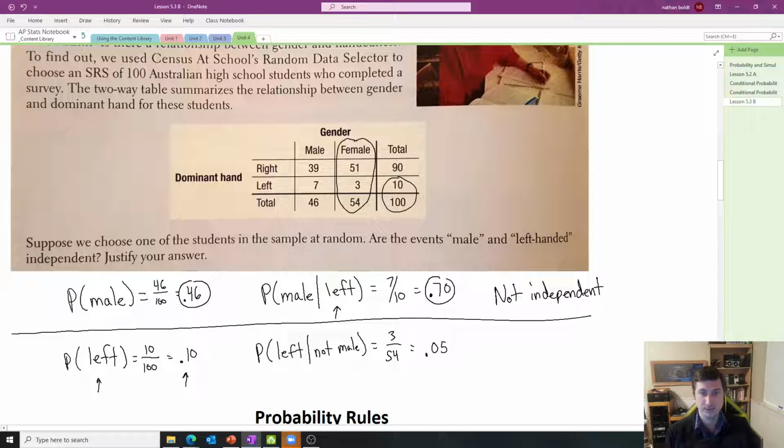Looking at this column, the left-handers are 3, so 3 out of 54 gives me 5%. I compare those two, also very different. All right, one is double the size of the other, from 5% to 10%. Different numbers, same conclusion, not independent.